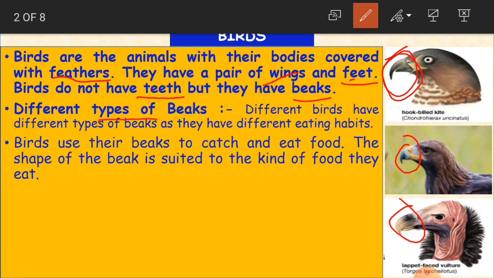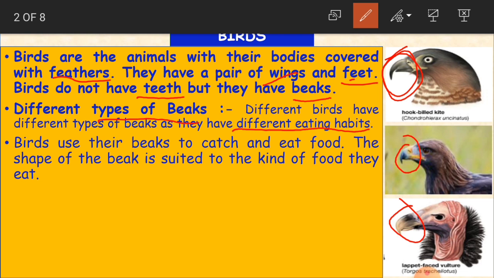We'll learn about them. Different birds have different types of beaks as they have different eating habits. Different birds eat different food. Some types of birds eat some type of food, and other types of birds may eat other types of food.